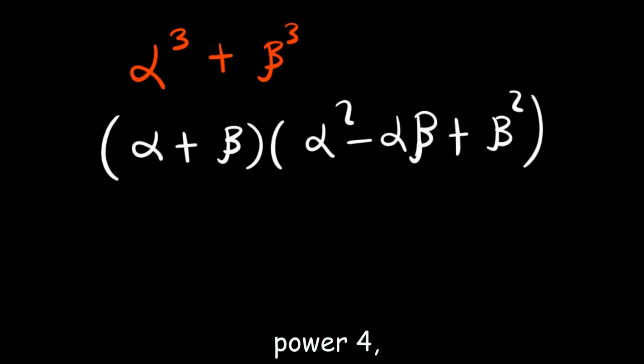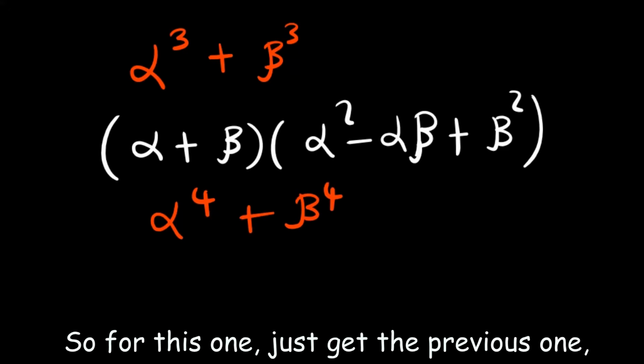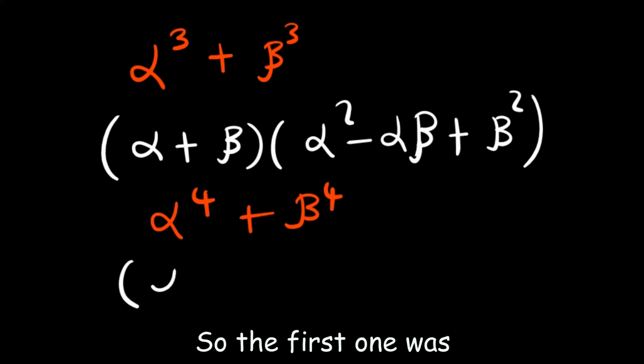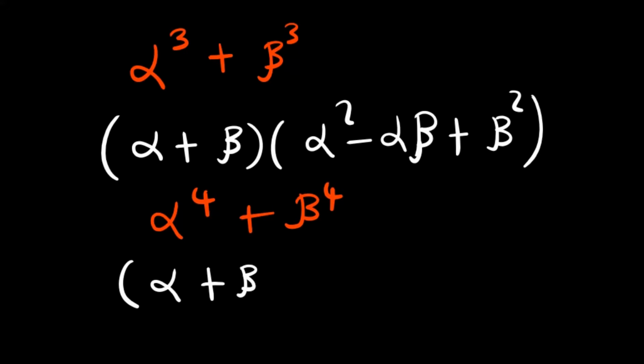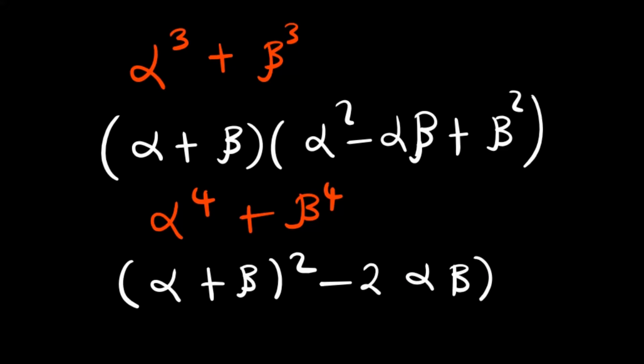Then if you have, let's say, now alpha to the power 4 plus beta to the power 4. For this one, just get the previous one, the first one that we just solved. So the first one was alpha plus beta, okay, squared, minus 2 alpha beta.